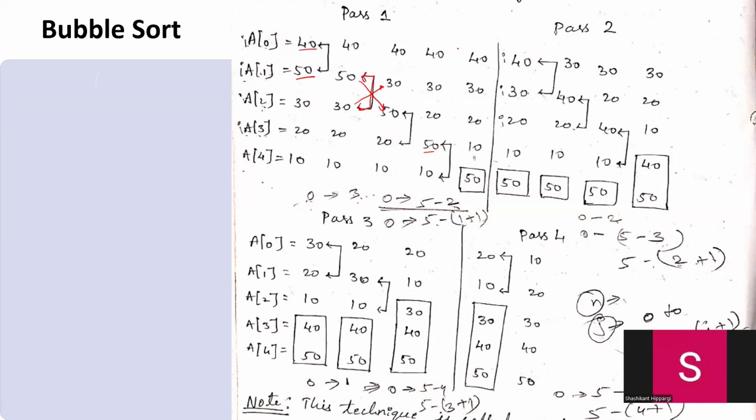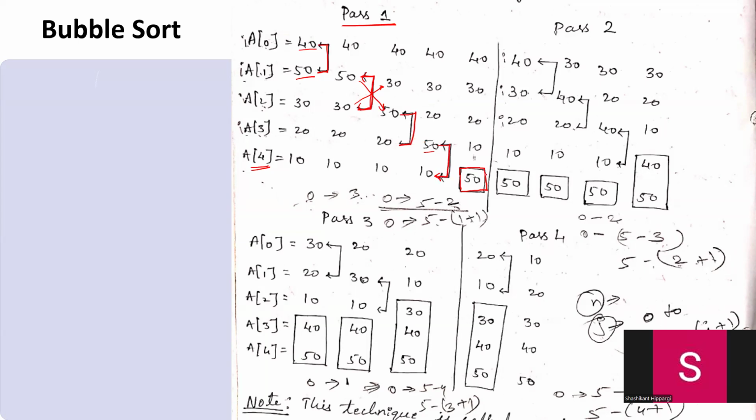At the end of this stage, the largest element is placed at its proper position, that is at the last position. We call this pass one. In pass one, if we have five elements, we perform four comparisons: the first element with the second, the second with the third, the third with the fourth, and the fourth with the fifth.